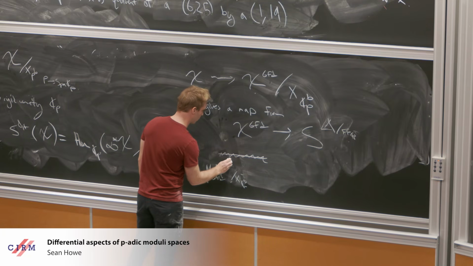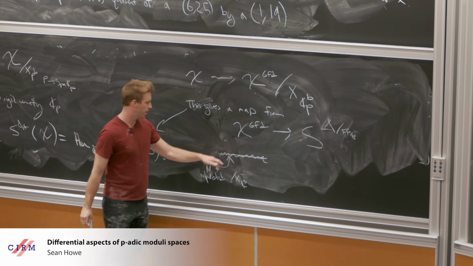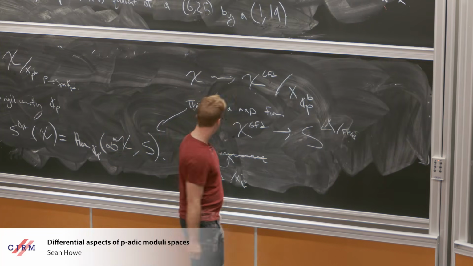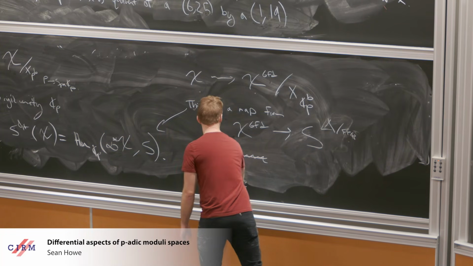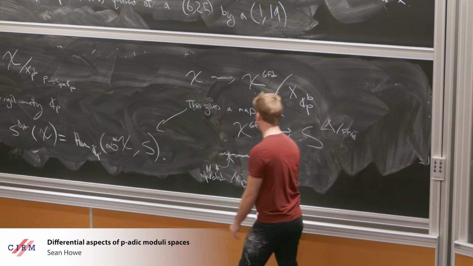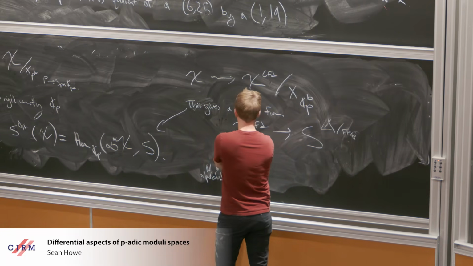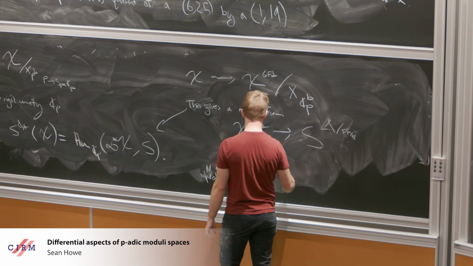You test your Gelfand stack by taking these maps, and maybe this map comes in right here or something, but then this extends, of course, to a map from this.